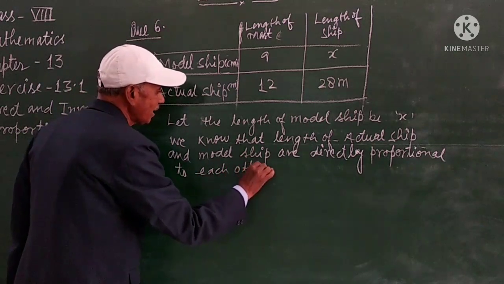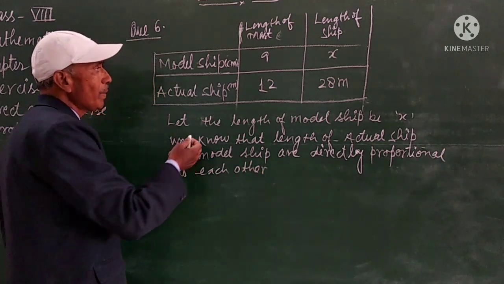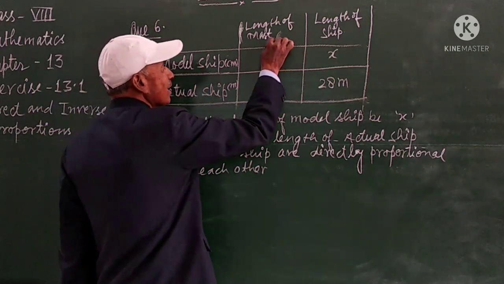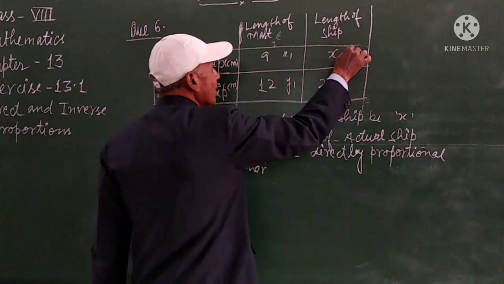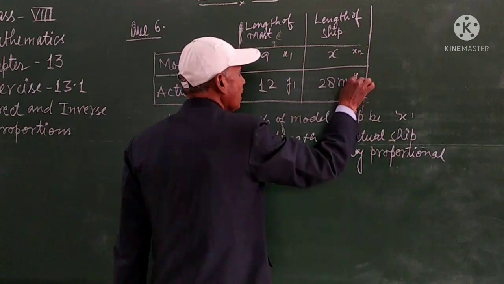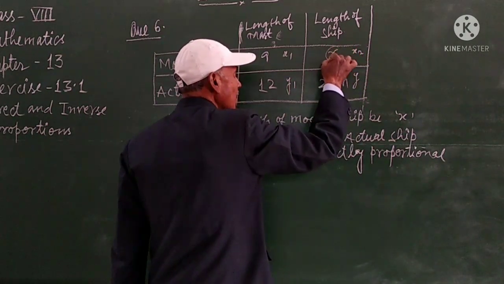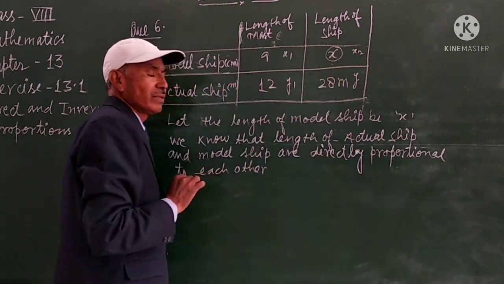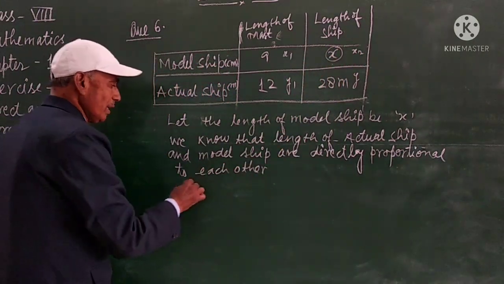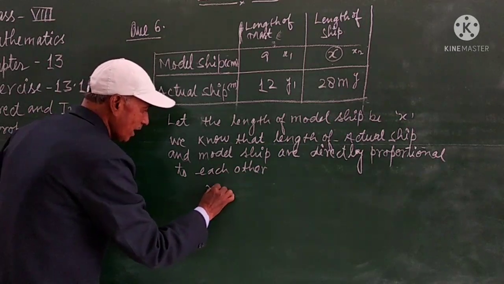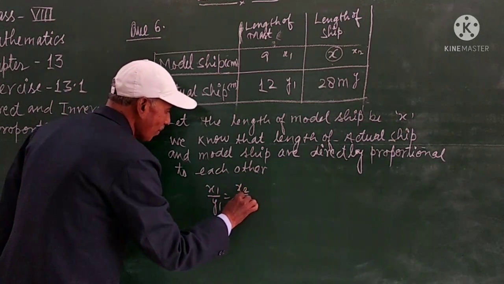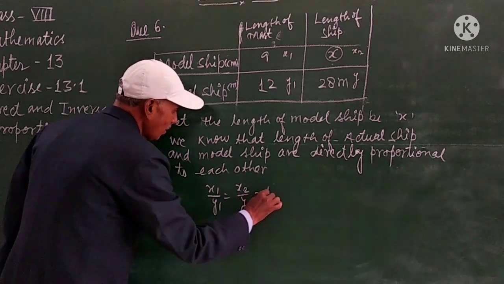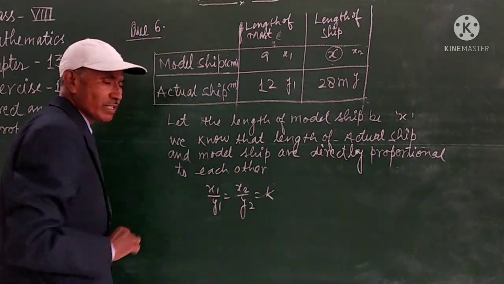Student, when there is direct proportion, suppose this one is x1, y1, this one x2, y2. In place of x2 we have assumed it x. Clear? So in direct proportion we use that x1 upon y1 is equal to x2 upon y2 is equal to k. The ratio will be constant.